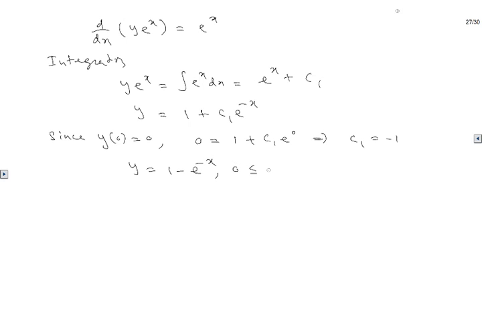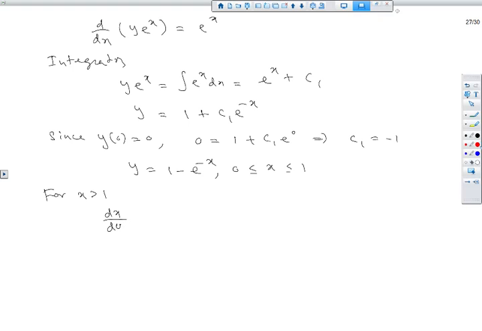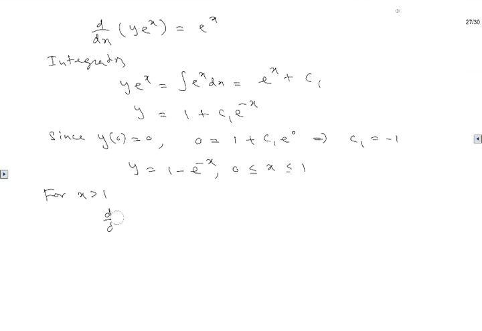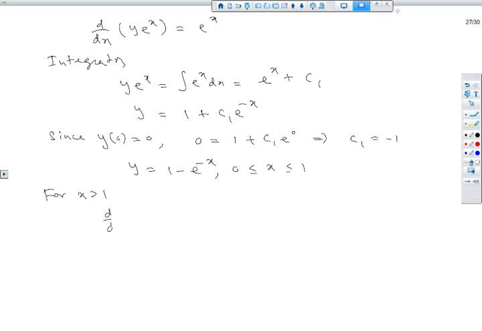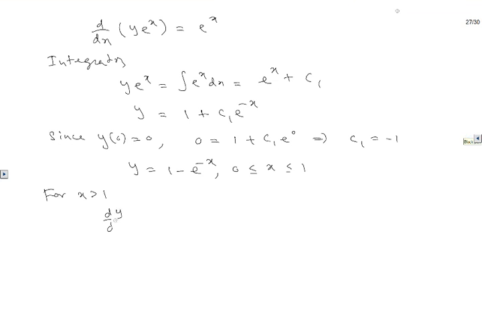for x between 0 and 1. So between 0 and 1, this is how it looks. Now we can do the same thing for x greater than 1. We have dy over dx plus y equal 0, since it is 0 on that side.